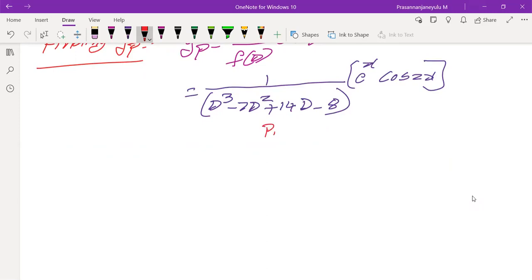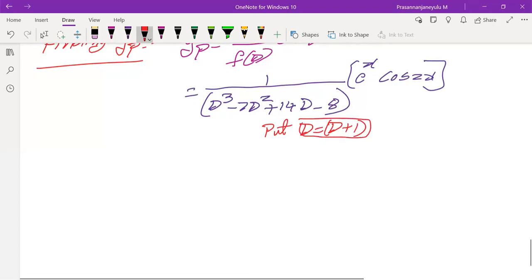So according to type 4, put d equals d plus a. What is the value of a? 1, sir. So substitute d equals d plus 1 in the denominator of this yp.